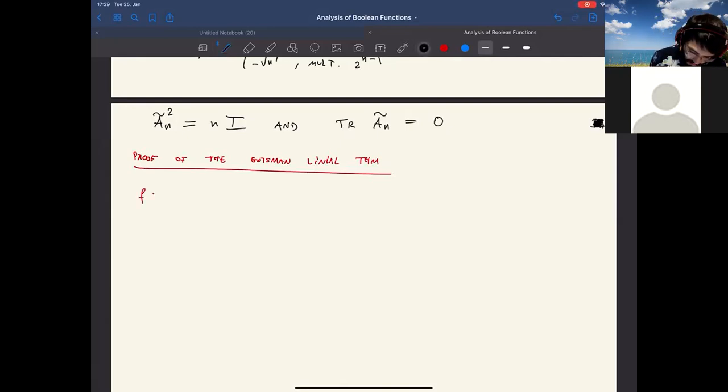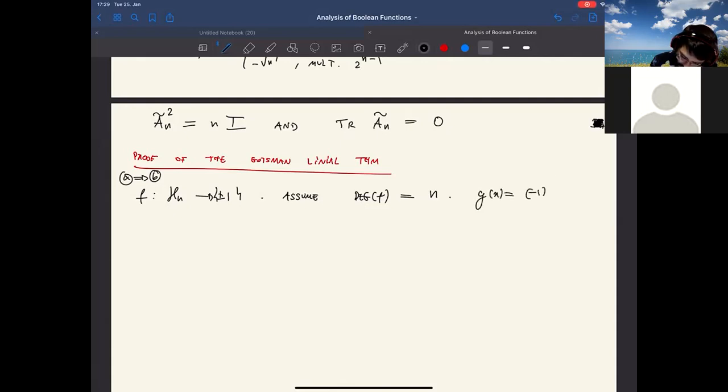So here I will go back to the plus or minus 1 Hamming cube. So assume that the degree of f is n. Here I'm proving that A implies B, that properties about graphs imply properties about the function. So assume for now that the degree is n. Then you define this function here.